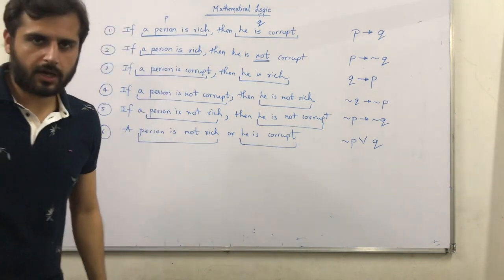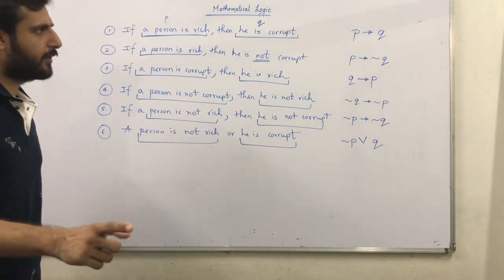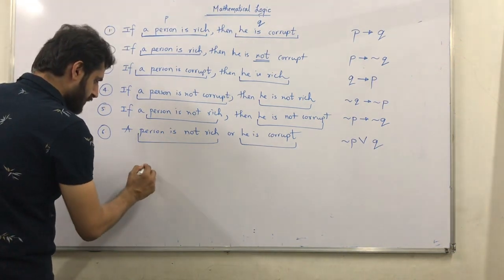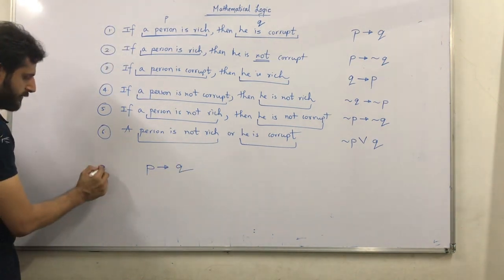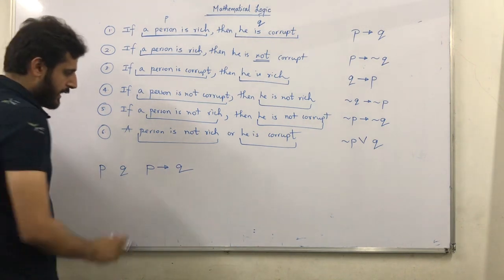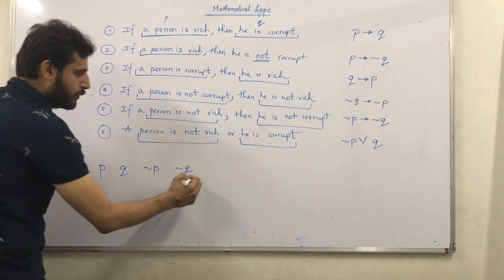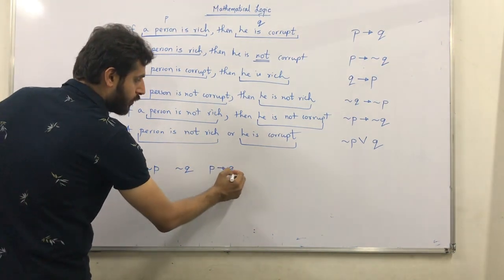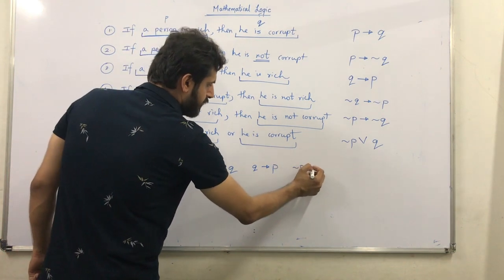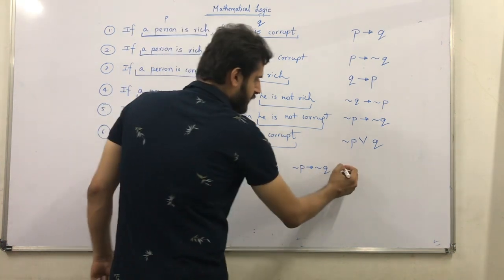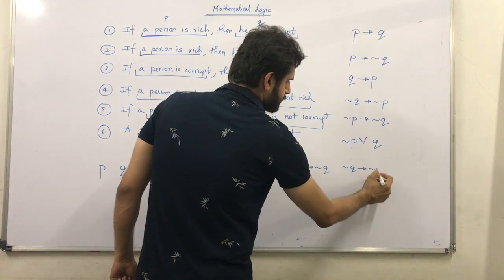And now I want to find out which statements are logically equivalent. For that we will make a truth table here: P, Q, negation P, negation Q, P implies Q, Q implies P, this is the converse, then there is the inverse, then there is the contrapositive.